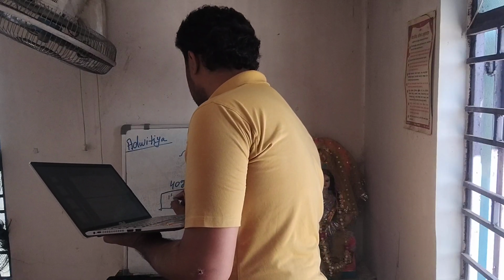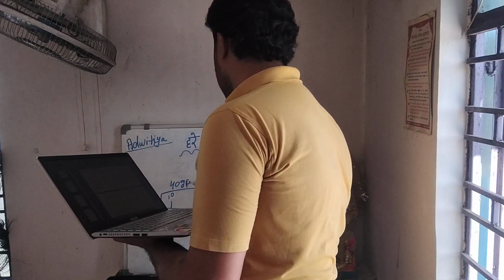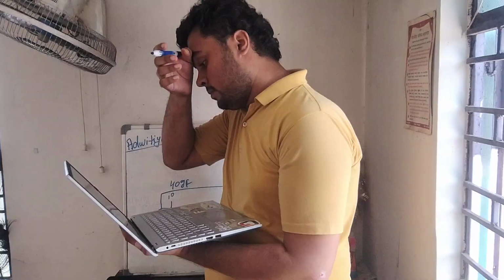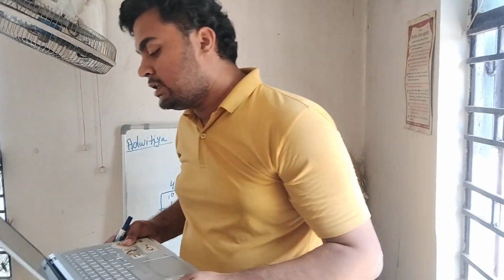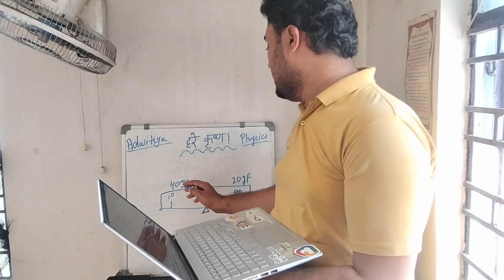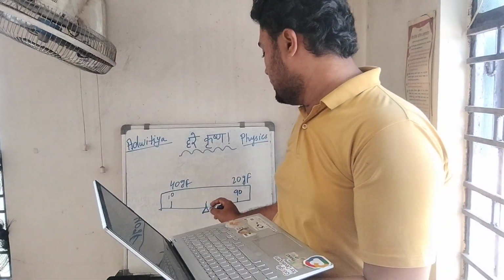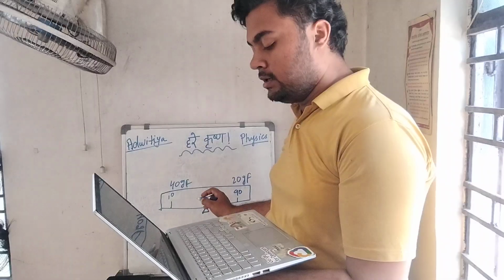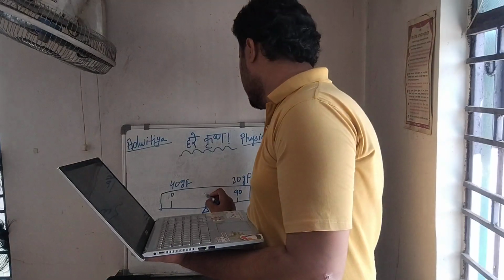This is 10, this is 90. Now try to understand. First question: is the meter rule in equilibrium? Here the force is 40 gf, here the force is 20 gf. The pivot point is at the center, at 50 centimeter.